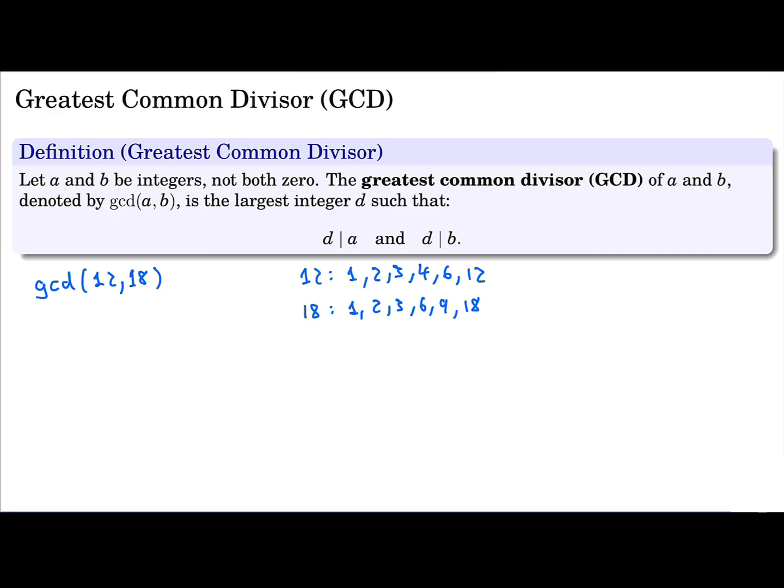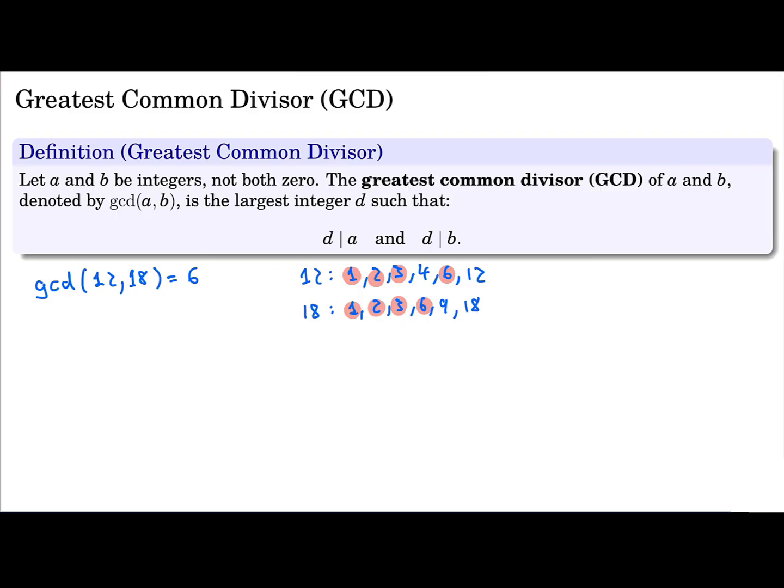And we are interested in the largest one that they share. Of course, they both share 1, 2, 3, 6, and that's it. So the largest divisor that they both share is 6, and so 6 is the greatest common divisor of 12 and 18.